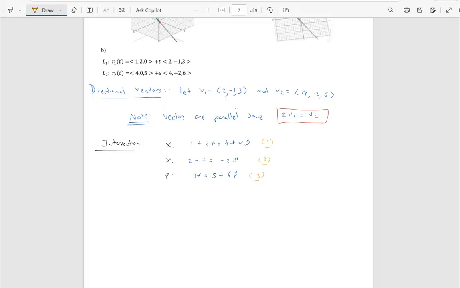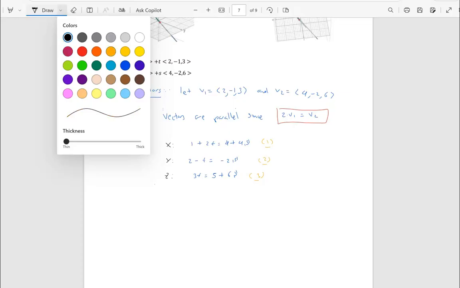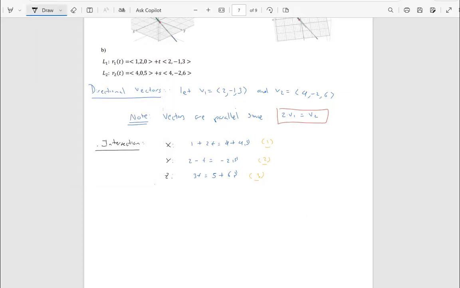Now from this, we can actually solve equation 2. If we look at equation 2, you have 2 minus t is equal to negative 2s. And let me solve for the actual t's to not have any fractions.